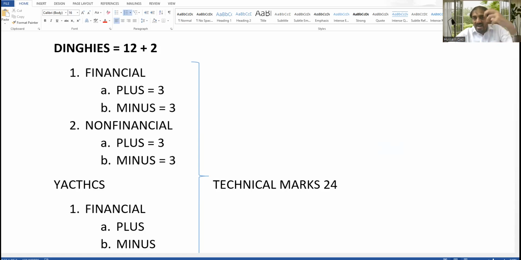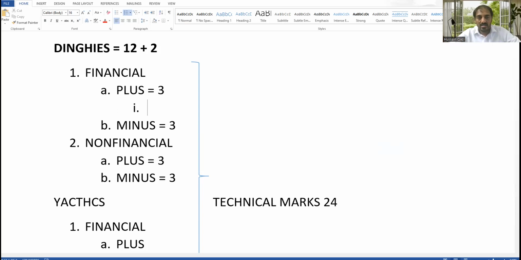For example, if I am going to write financial plus points, each point generates extra marks. So I have to write the answer in a way every part is different, and every point I'm writing is to get the marks.